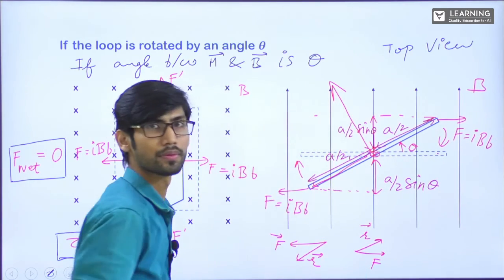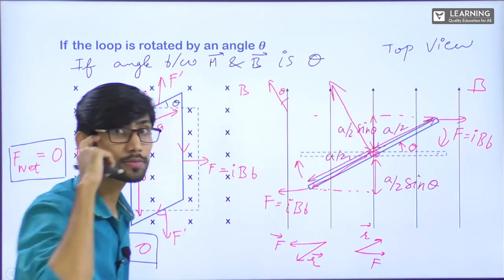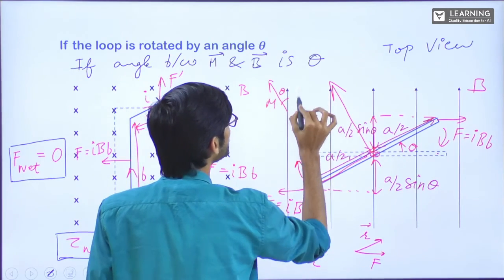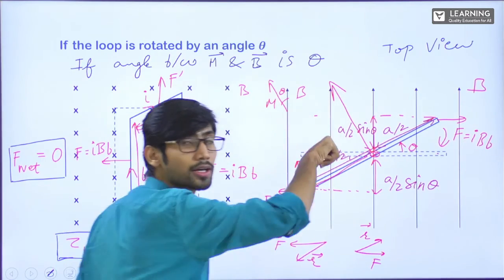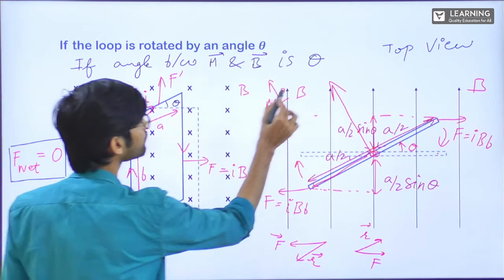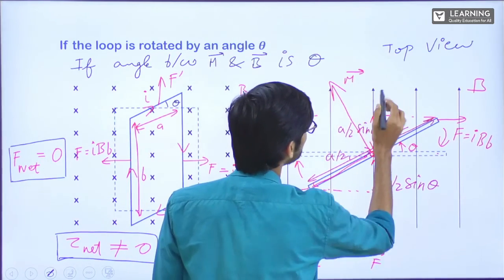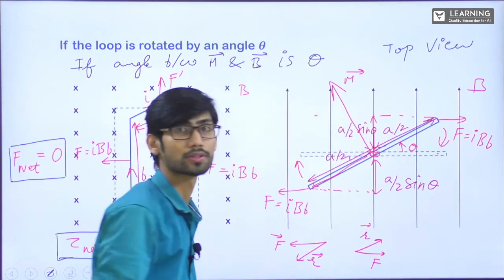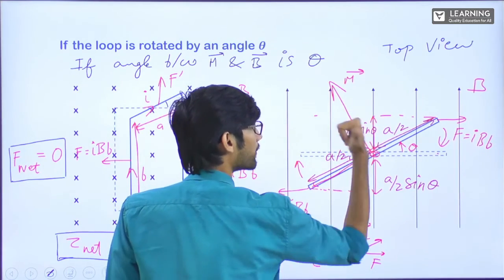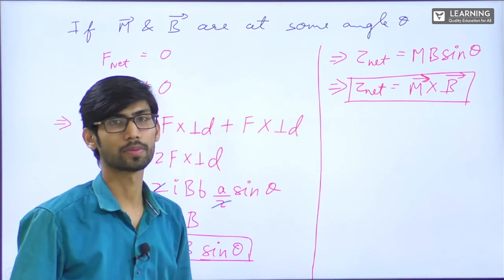This is B. See, the B vector and M vector have an angle theta between them. Now M cross B: this is M, this is B. M cross B, my thumb is coming inside. Clear? If I do B cross M, the thumb will be outwards. It will not match the direction of torque. So that is why it is M cross B. Clear?